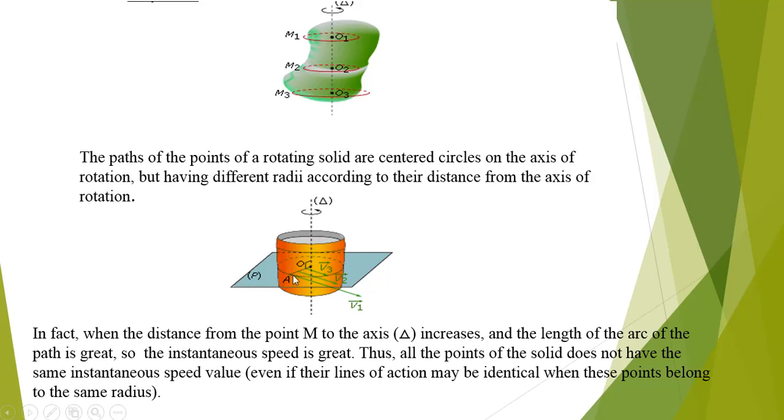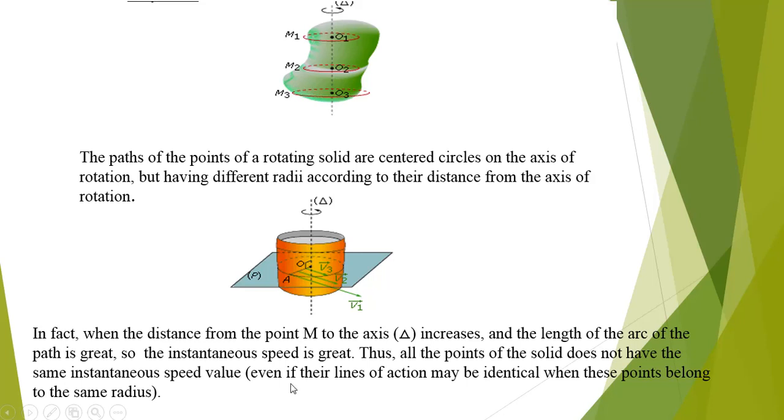Since the distance from the center O to the point A, relative to the velocity vector V1, is greater than the distance between the center O and the point M, for example, relative to velocity vector V2, and the distance from O to the point N, for example, relative to velocity vector V3.